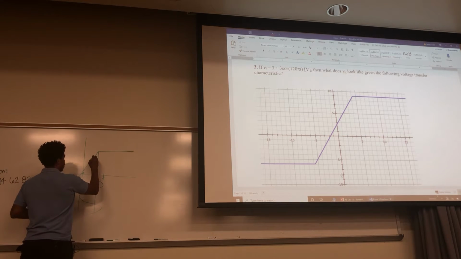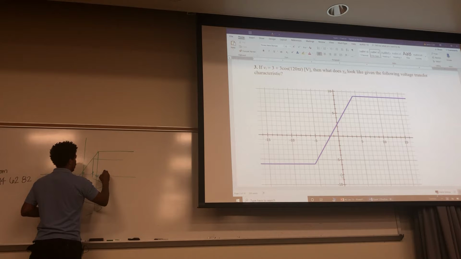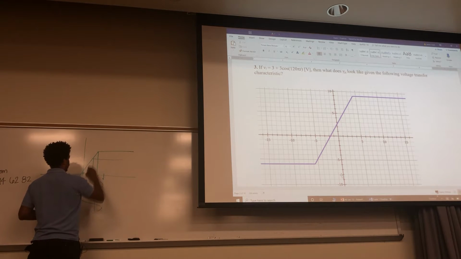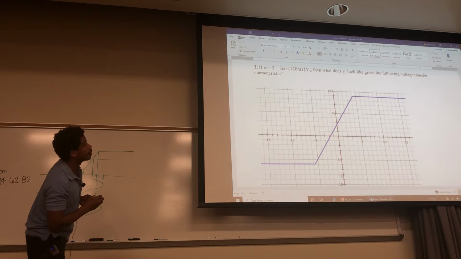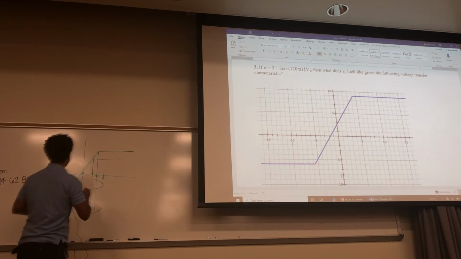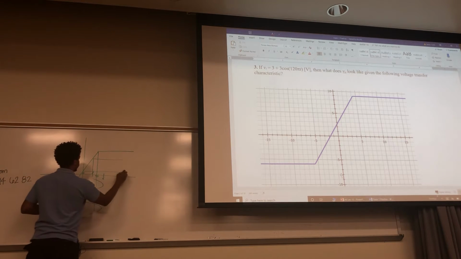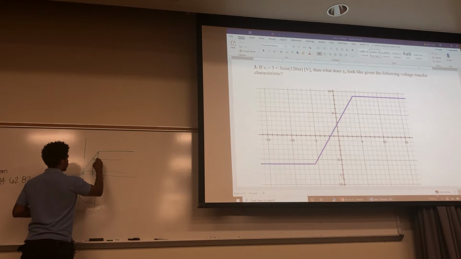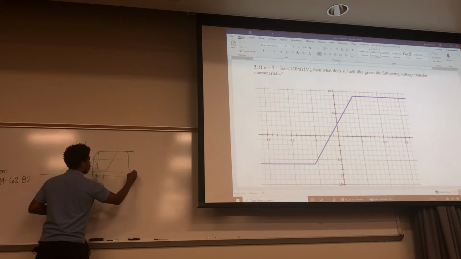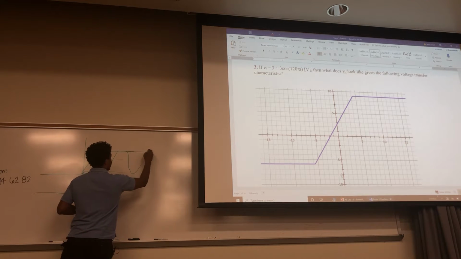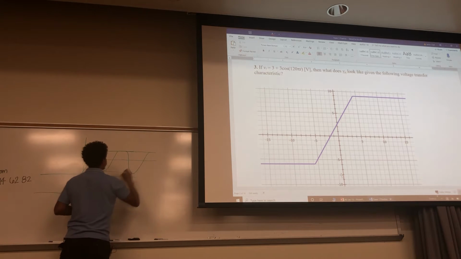But this piece coming off like that, it's going to be sort of like that, coming off of that, where it's being clipped.